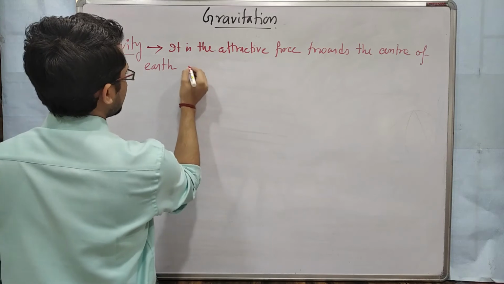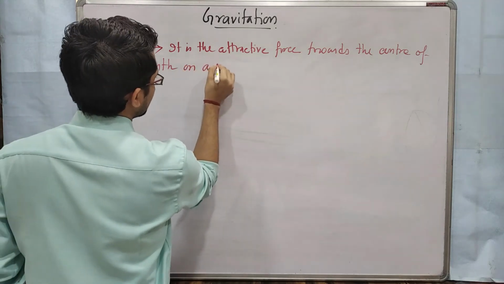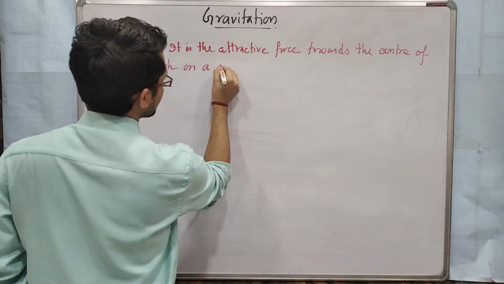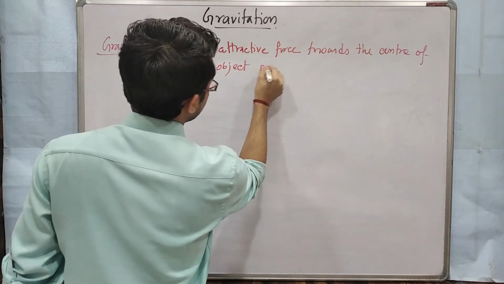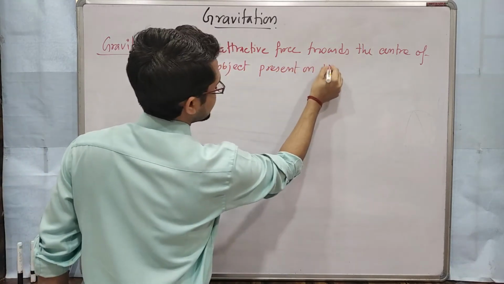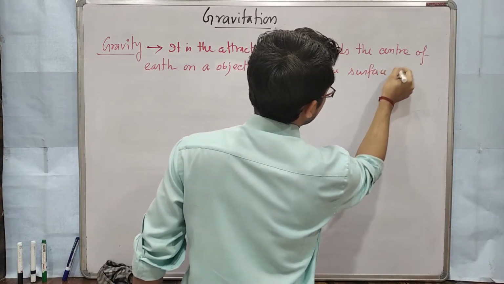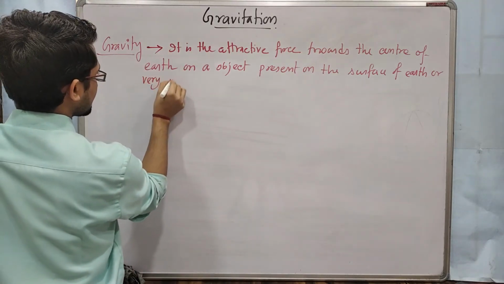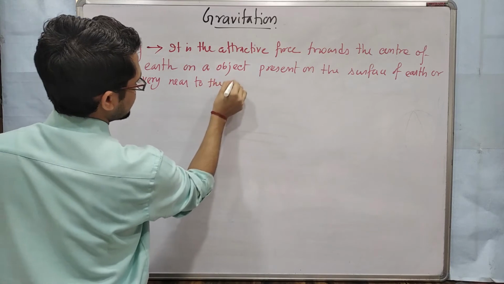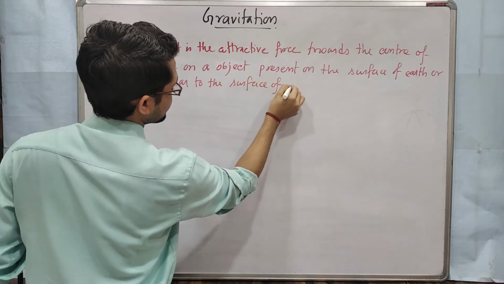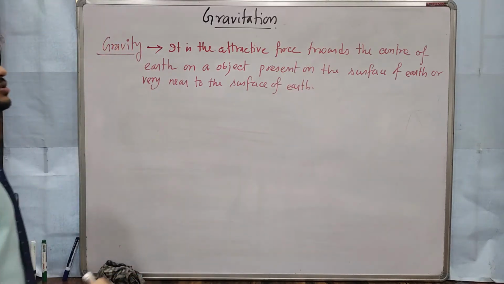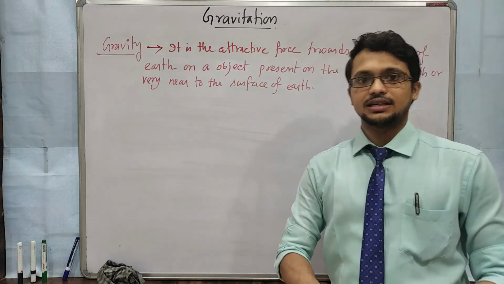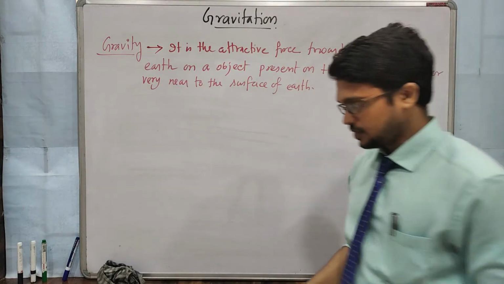This attractive force is applicable on an object present on the surface of the earth or very near to the surface of the earth. So now we will discuss this gravity part, that means the attraction due to the earth. Clear?